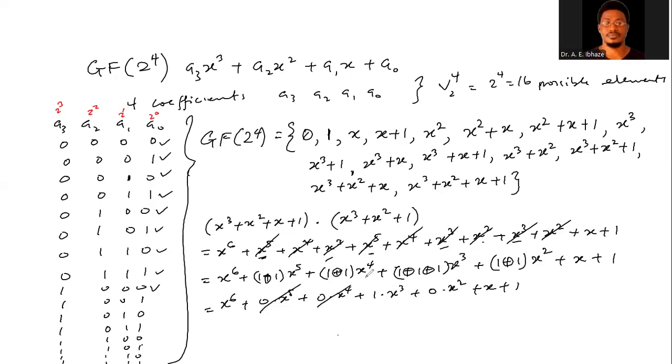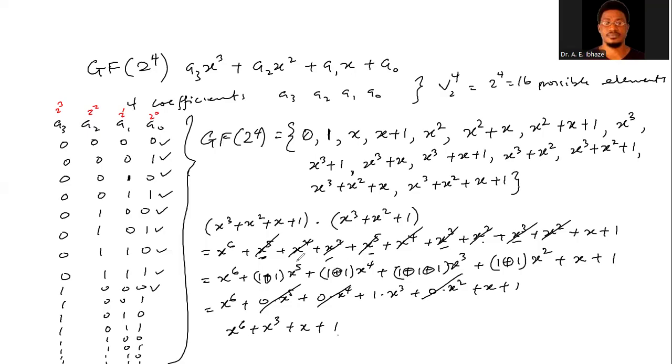So this is taken care of. So what we have is x to the power of 6 plus x cubed plus x plus 1. So this is what we got as our final code or the code word.